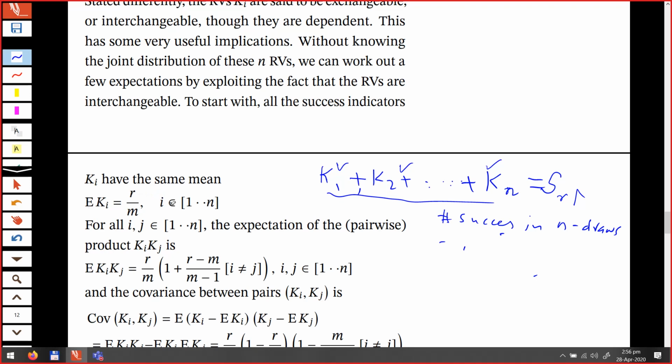Now, similarly, I look for a pair. Remember, let's say I have one Bernoulli random variable K1 and one Bernoulli random variable K2. I just do it for K1 and K2. So what is K1 times K2? Let me give it a new name, let me call this X. What are the possible values?